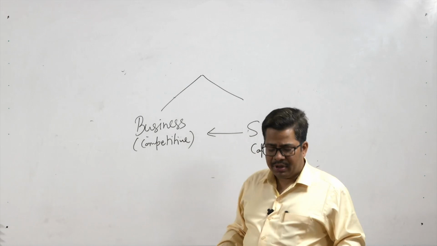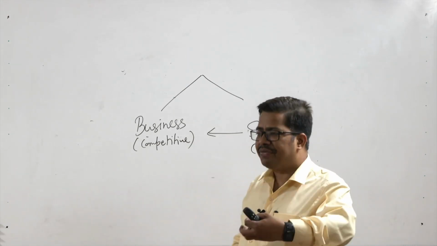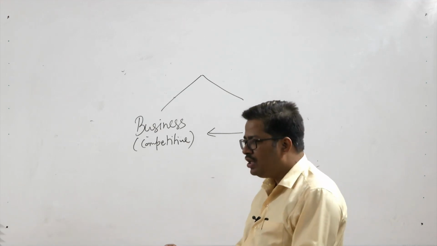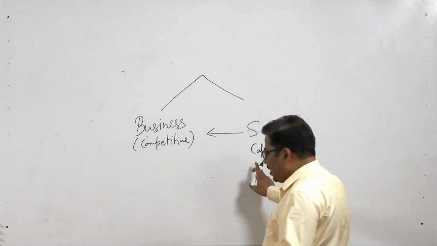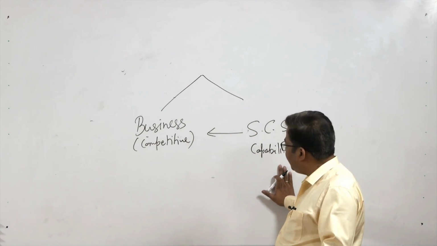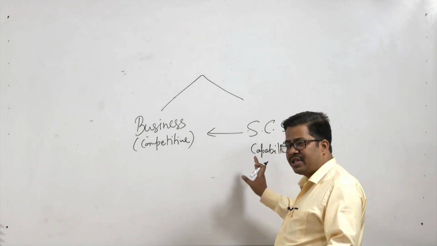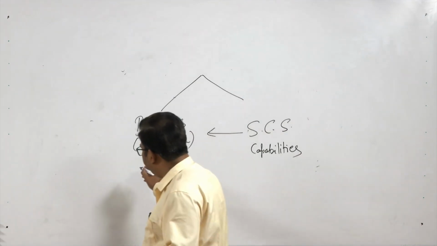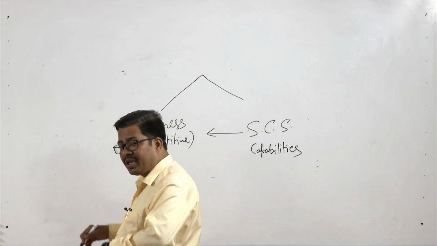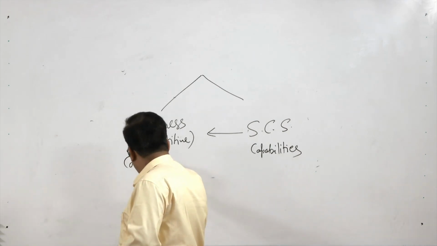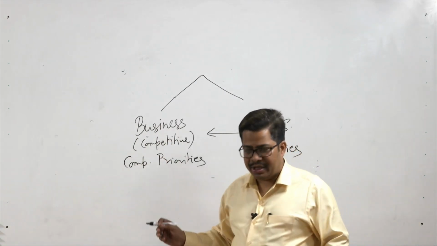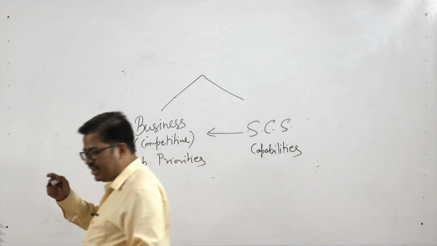The capabilities which we develop are the manifestation of the supply chain strategy. How do we see that this is the supply chain strategy? The capabilities which you are developing are actually the manifestation of the supply chain strategy, and this manifestation must match the competitive priorities or customer needs, which are continuously changing. So, changing customer priorities are to be captured with the help of data.